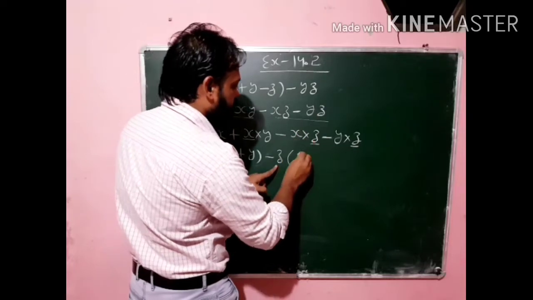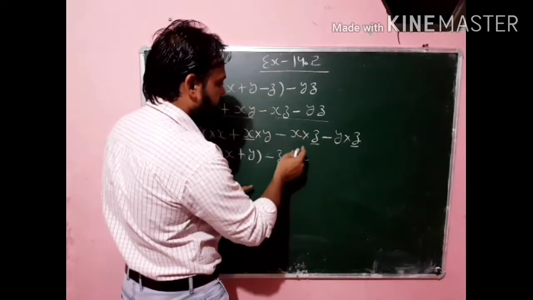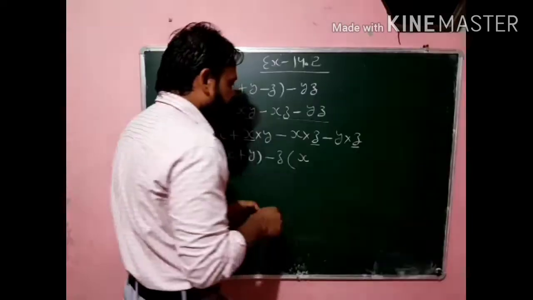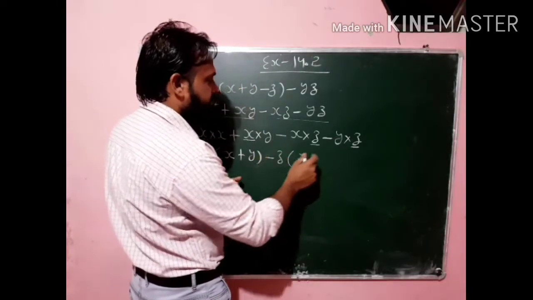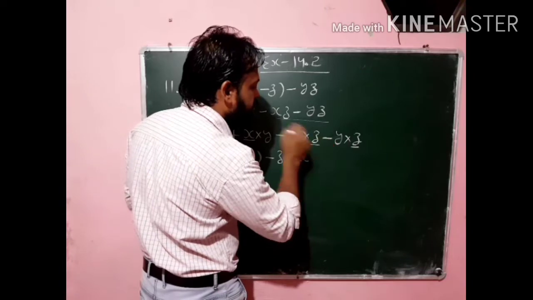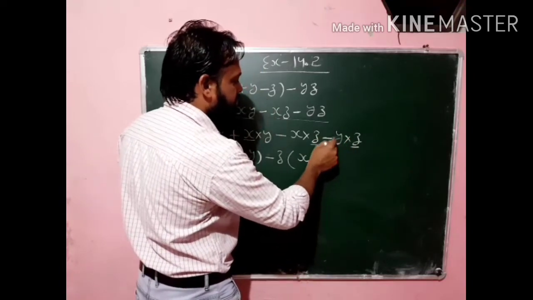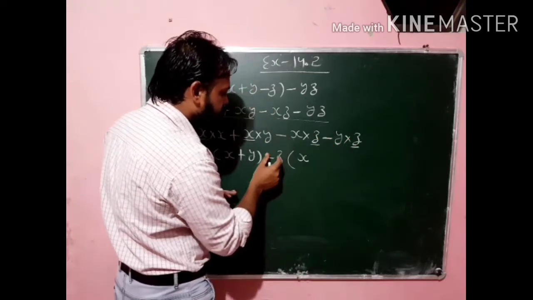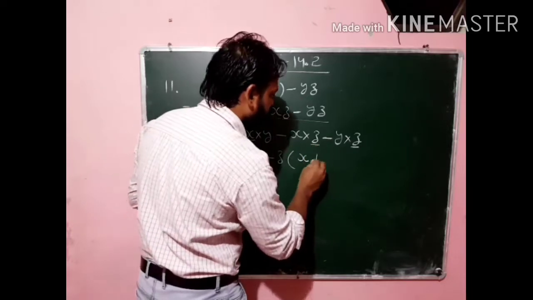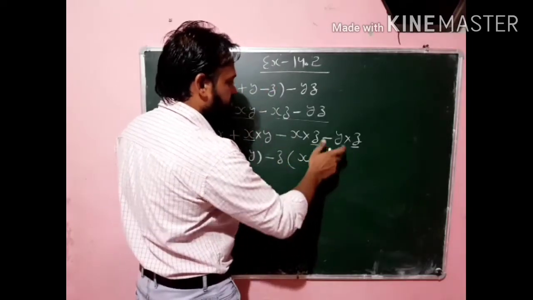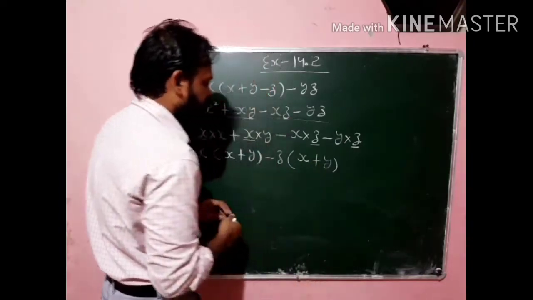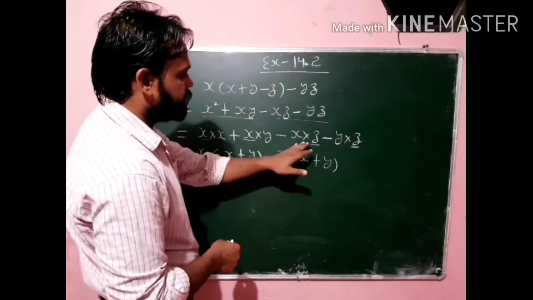Now only x is left here, because we have taken minus z common. I had already explained that if we take a minus sign common, then we have to change the sign of the last term also. Here it is a minus, and since we have taken minus common, we change this sign to plus, and y is left in the bracket. So see this carefully.